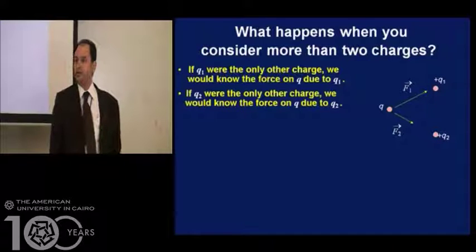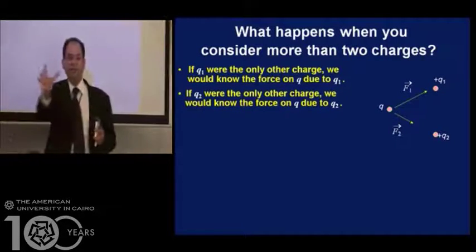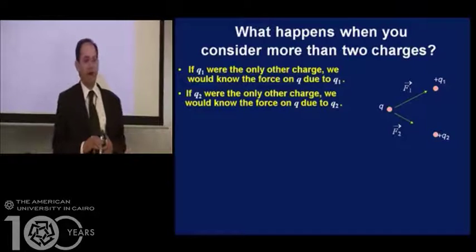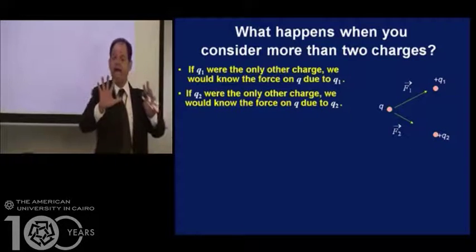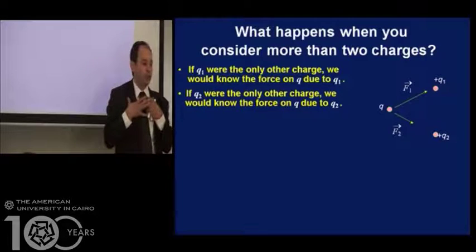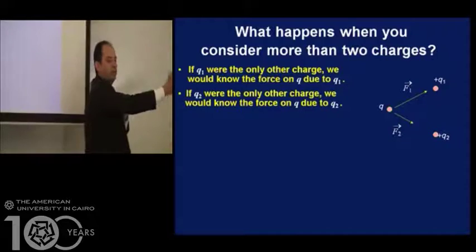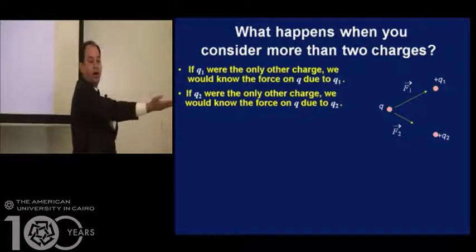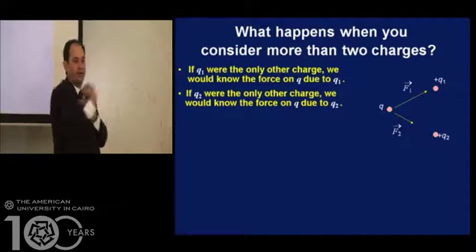Okay, guys? So if we have separated charges, like you right now in class, I'm assuming that you are charges, and we need to find the forces from all of you as charges on me as a charge, then simply it's the force from charge number 1 on me plus the force from charge number 2 on me, plus the force from charge number 3 on me, and so on.